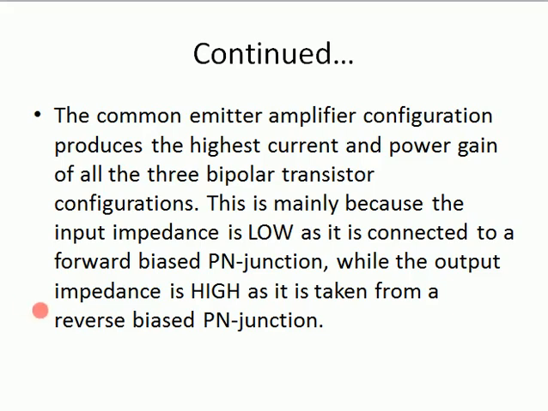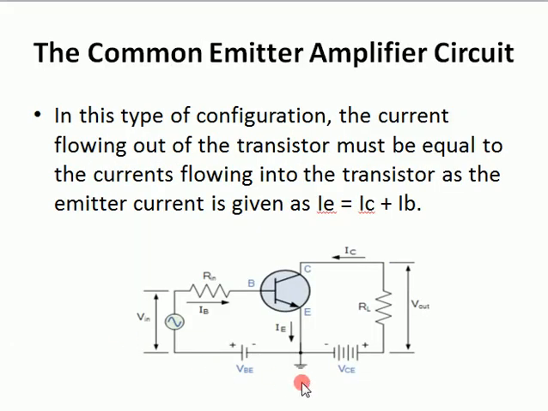Now you see, we are using the term reverse biased PN junction. Now why is it reverse biased? Here you see, as I said, this is forward biased with respect to the emitter, but the collector is also negative, and this negative collector is connected with the positive terminal of the supply. So it means with respect to the collector the output junction is reverse biased.